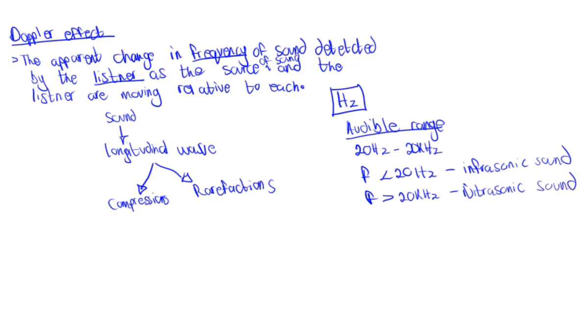Ultrasonic sound is basically something that can rupture your eardrum. It can cause you to lose your hearing ability because its frequency is way too high for the human ear to handle. But infrasonic sound is sound that you cannot even detect. It's so faint that the human ear cannot pick it up. So that's just what the Doppler effect is about. The Doppler effect is all about sound and its frequency.